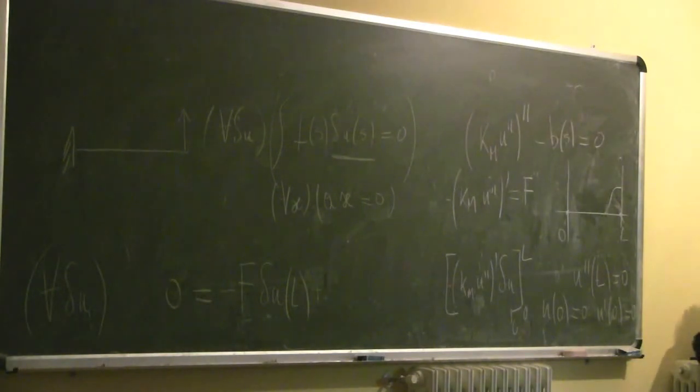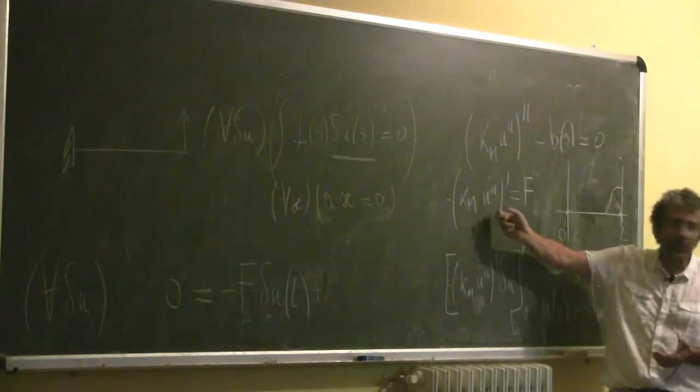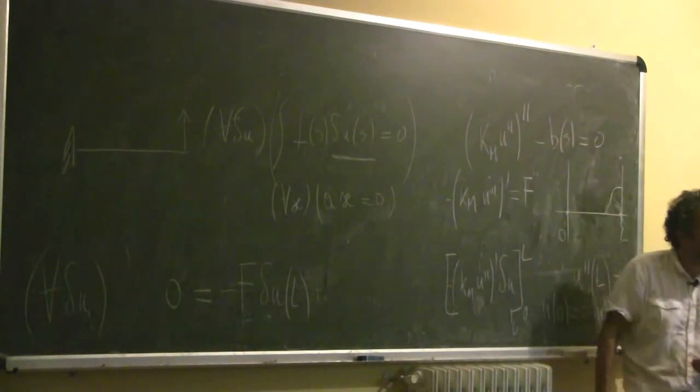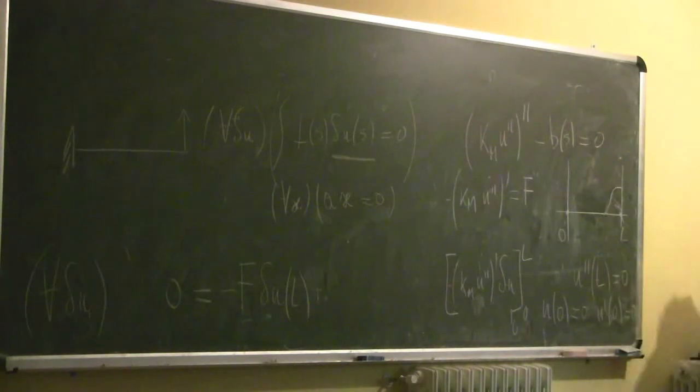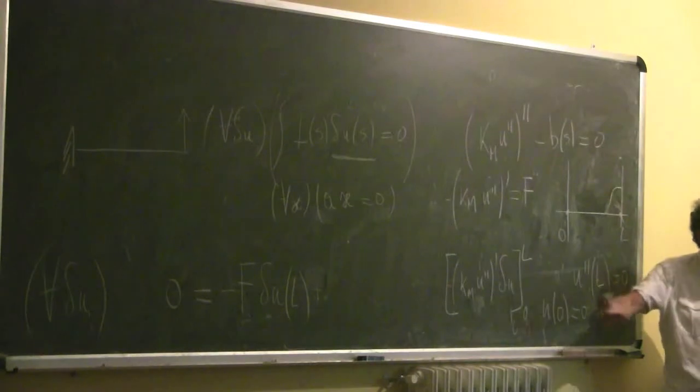Now, do you think that you must tell COMSOL that u second L is equal to 0 and this third derivative is equal to F? COMSOL, as an algorithm minimizing energy, doesn't need you to impose these conditions. They will be estimated by your code.